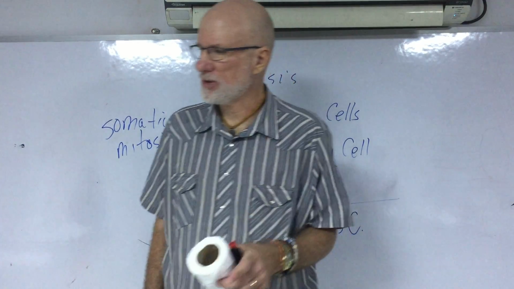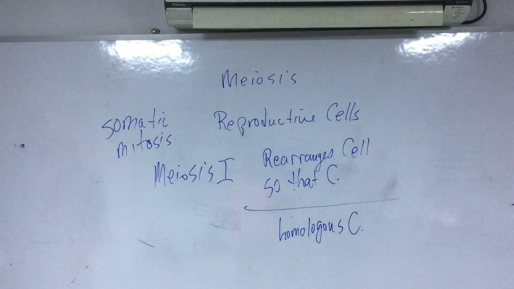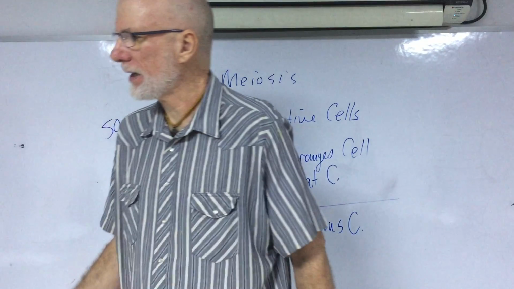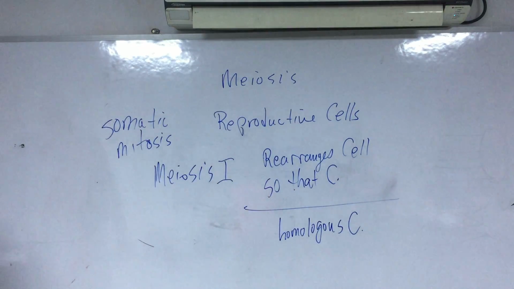Homologous chromosomes are pairs where one of them comes from the mother and one comes from the father. It doesn't have it in the back. What does it say? Where does it say? Right there?